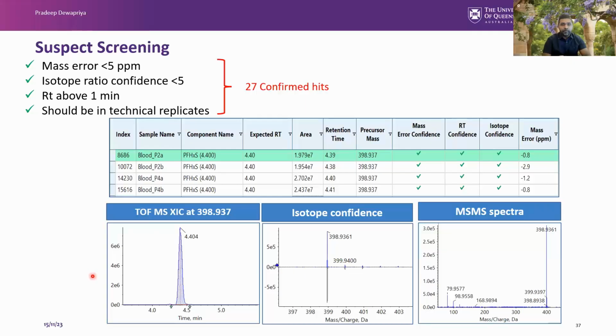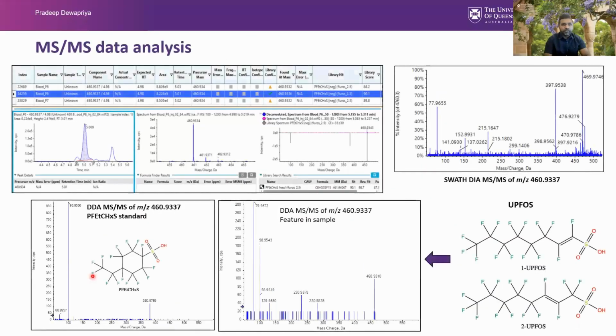But manual quality control for these suspect hits was very important to avoid false positives and misidentification. So I will show you one example from our case.